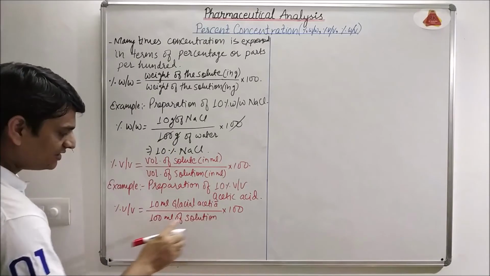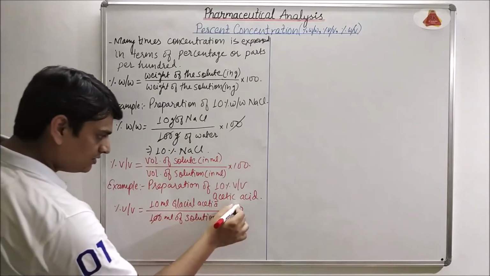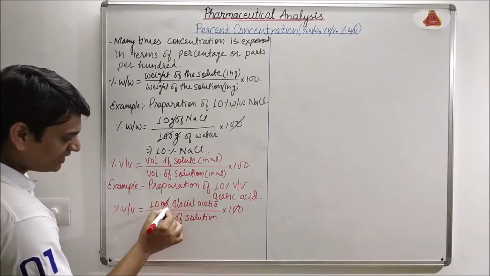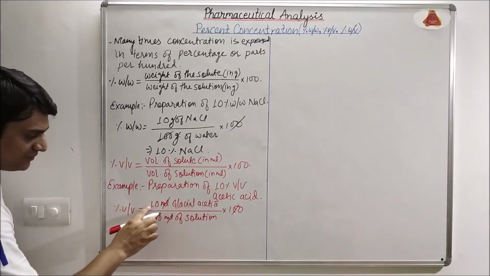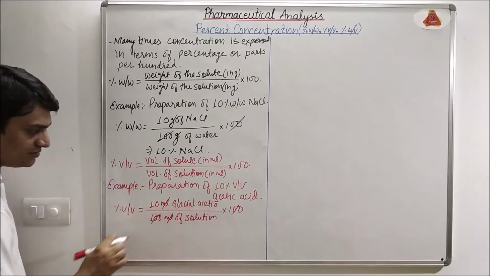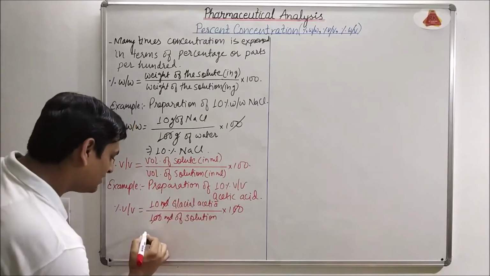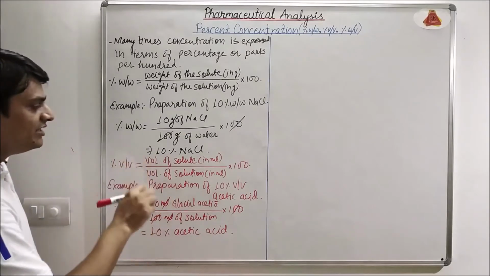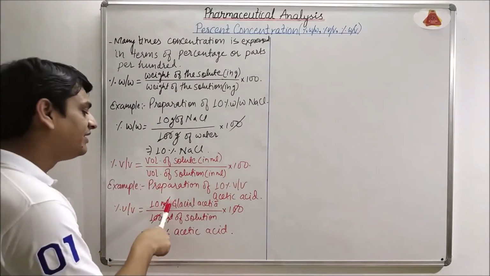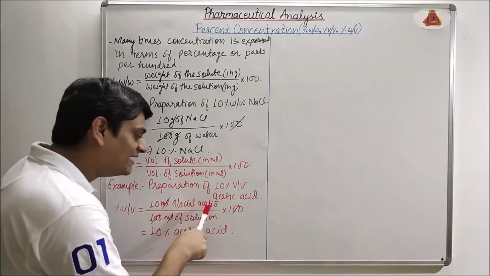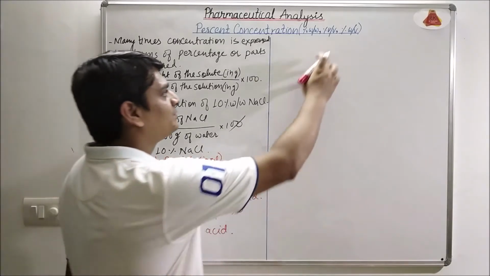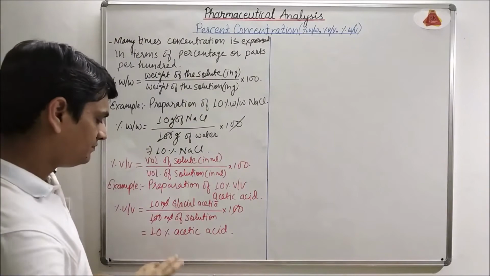So here this 100 will be cancelled with this one, because final volume is 100 ml of solution, and this ml will be cancelled by this one. So ultimately it will be 10% of glacial acetic acid. This is only an example, that is why here I have taken the percent purity of glacial acetic acid as 100%. Now coming to the next one, that is percent weight by volume.